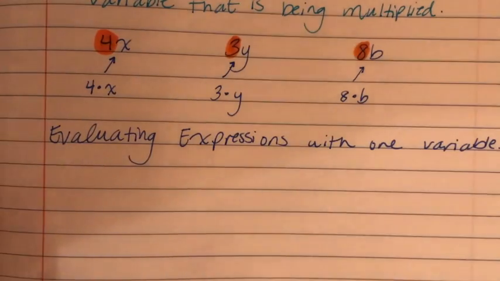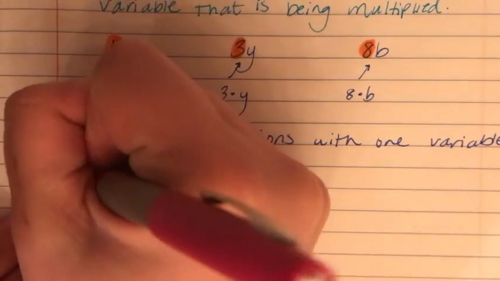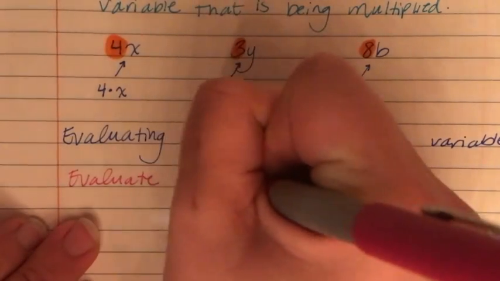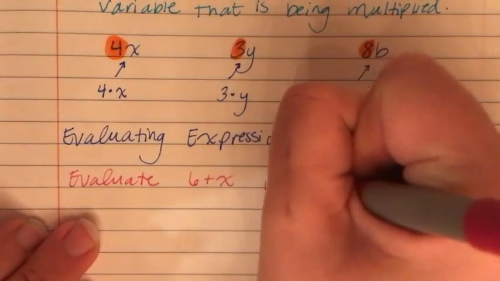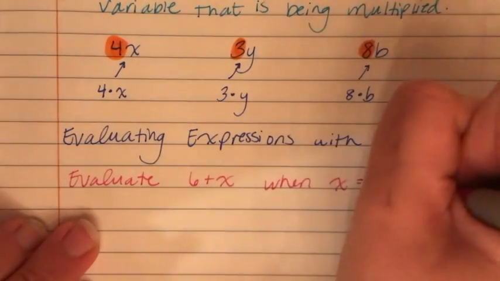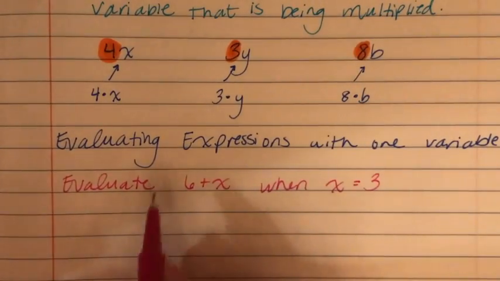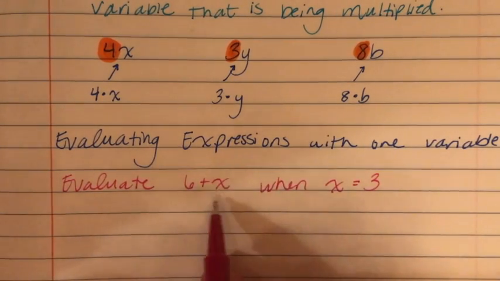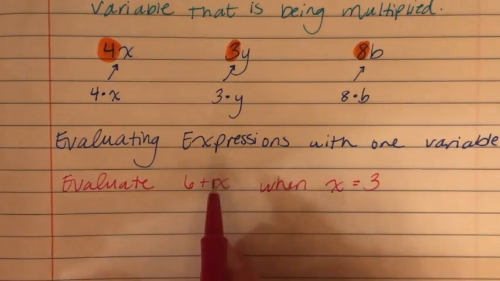So first one, evaluate 6 plus x when x equals 3. So what this means is I'm going to plug in 3 for x, or wherever I see an x, I replace it with a 3.